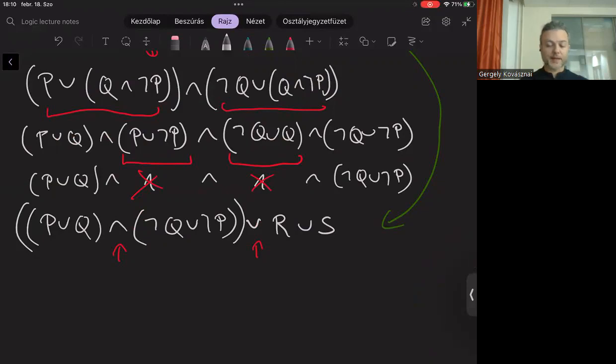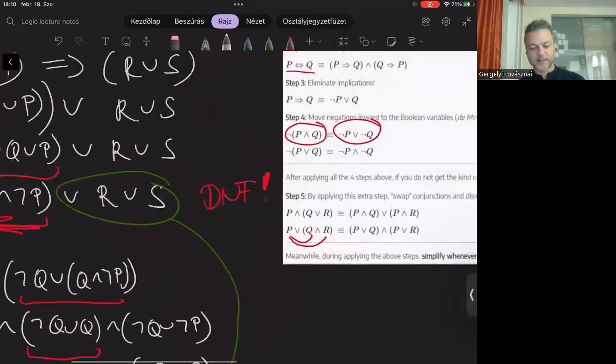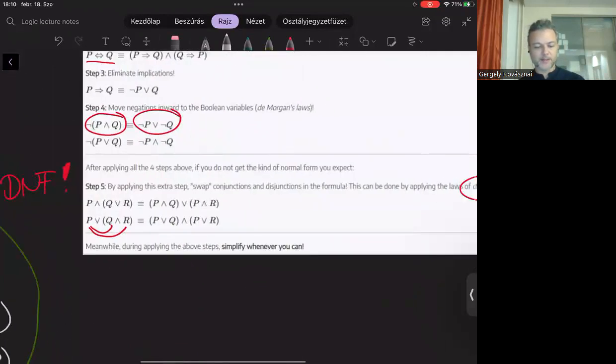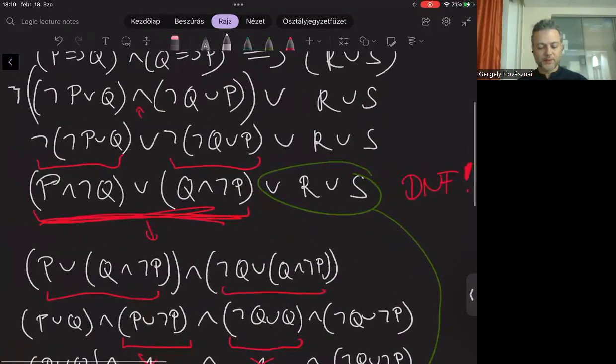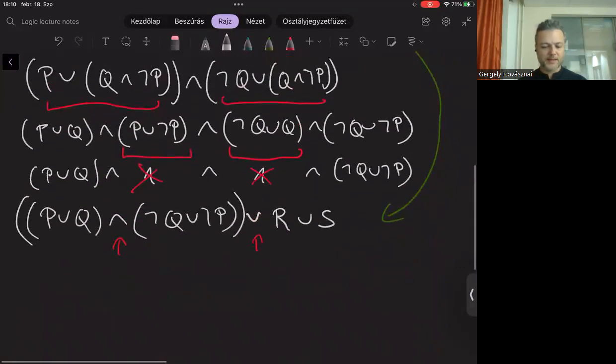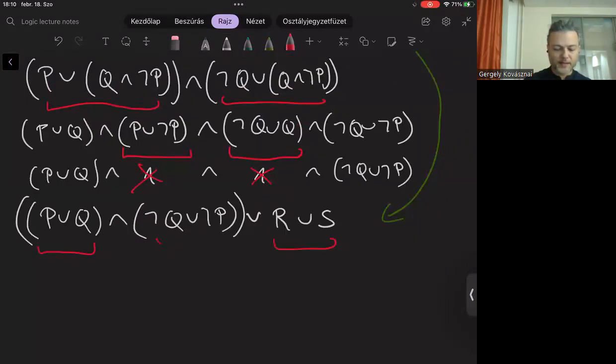Okay, what's going to happen? Well, surprise, surprise, we are still executing step 5. We have to apply the distributive law to this formula because this is not CNF yet. And this is what we are going to do. Basically, we have to form pairs of those guys.